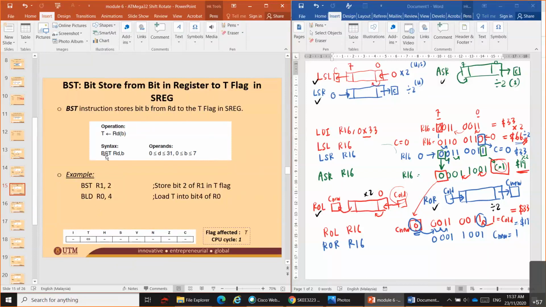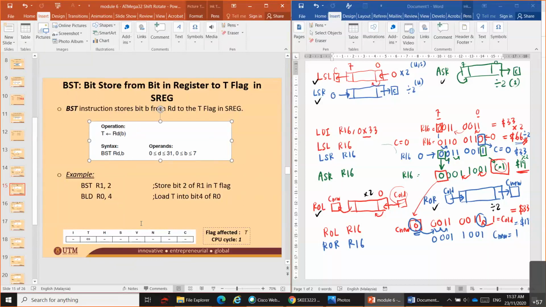The syntax is BST Rd, comma b. Rd is your GPR, while b is the location of the bit of this GPR. So you take the value from the bit of your GPR and put it to your T flag.